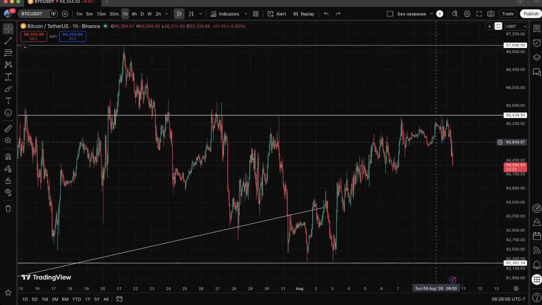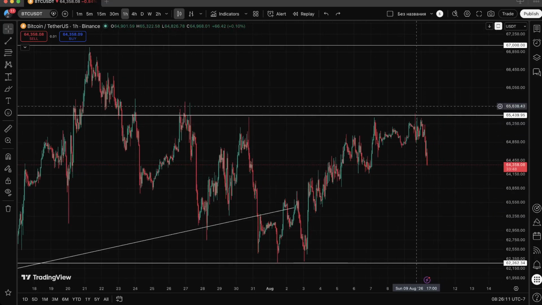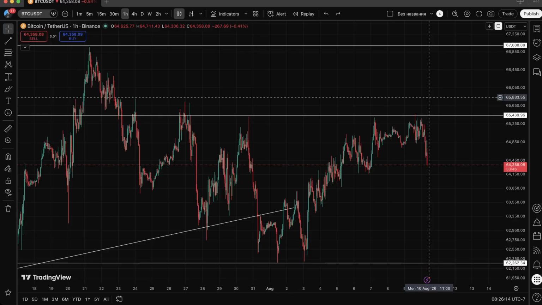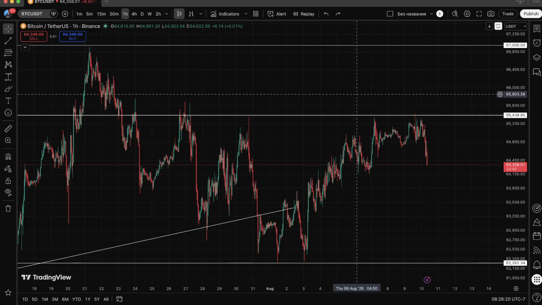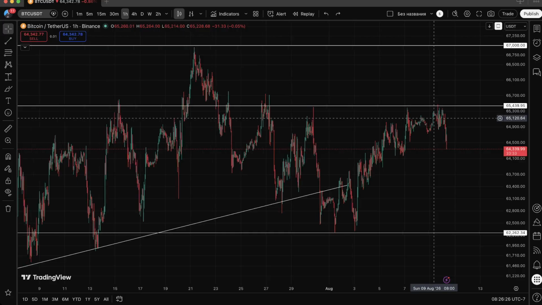When Bitcoin got closer to the resistance area, it was really tough, because if Bitcoin breaks above it and we see confirmation that Bitcoin closed some 1 hour candle above the resistance level, we may interpret this movement as a continuation of an upward trend.